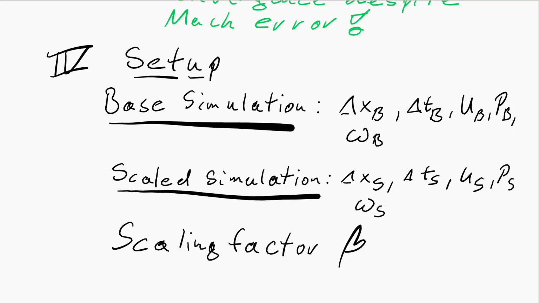The base simulation has a base grid spacing, a base time step, a base velocity, a base pressure, and a base relaxation rate. The scaled simulation has all these variables in a scaled way, and this will be scaled by a scaling factor beta.